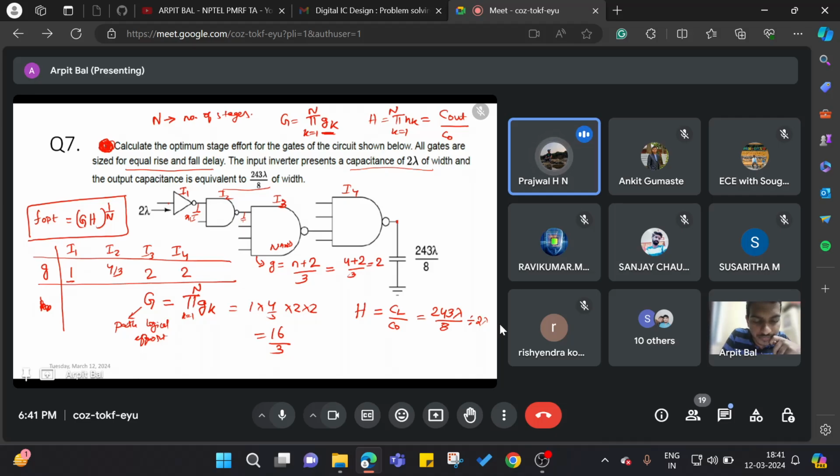Yes, we are not making any approximations there, because the output parasitic of the gate is already considered in the parasitic effort itself. Yeah, correct. Okay, sir, got it. That means we consider the next input impedance as its previous load capacitance. Just copy, because the parasitics are already added on the P side. Okay, sir, got it.